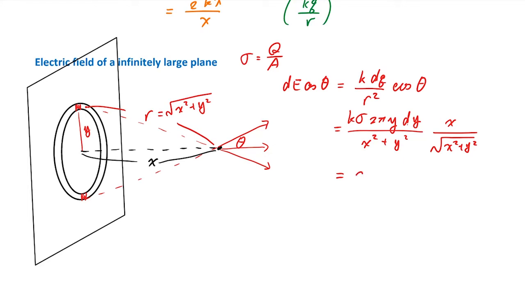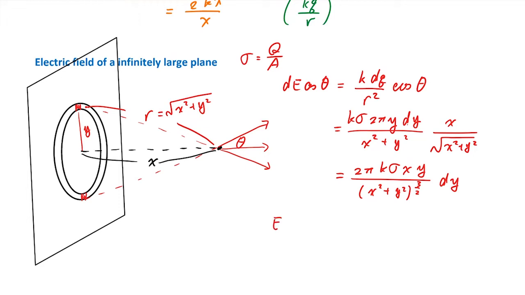So we have 2 pi, let's do it like this. Yeah, 2 pi k sigma x, y over x squared plus y squared to the 3/2 power dy. How's that? Good? It is pretty much the same thing as before, except we have an extra y here on the top because it's the ring.